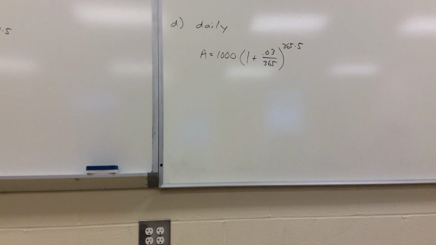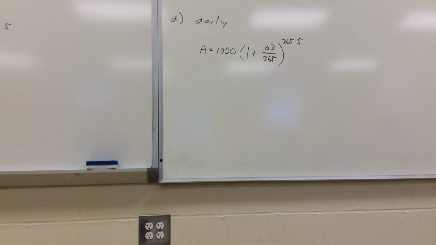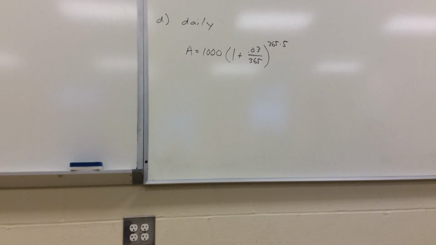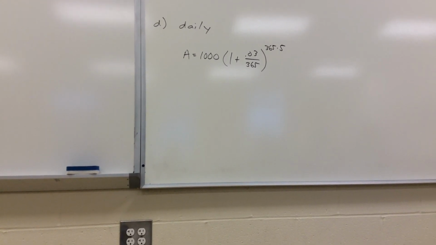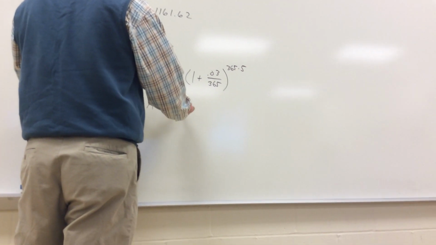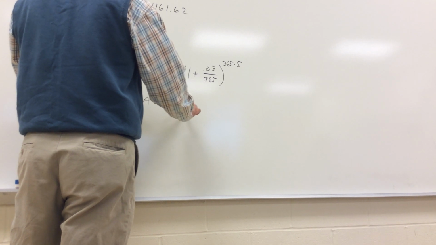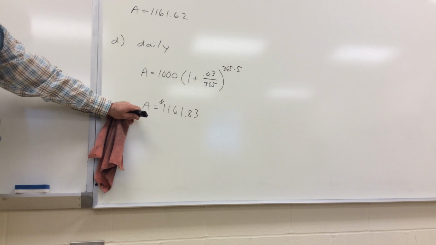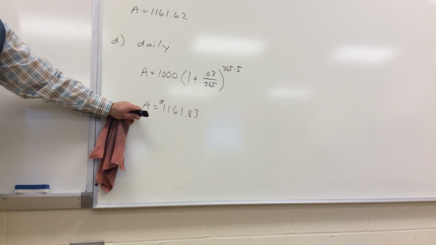So now I'm going to change my 12 to 365. And that's 1161.83. So an extra 21 cents if they go daily instead of once a month.